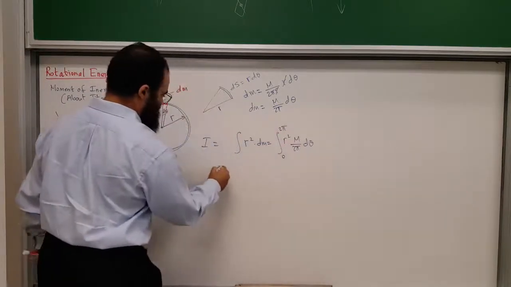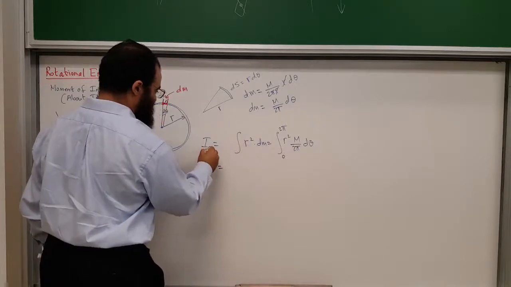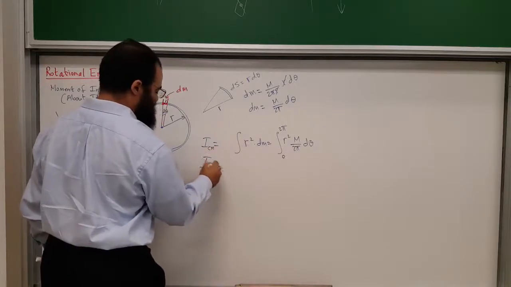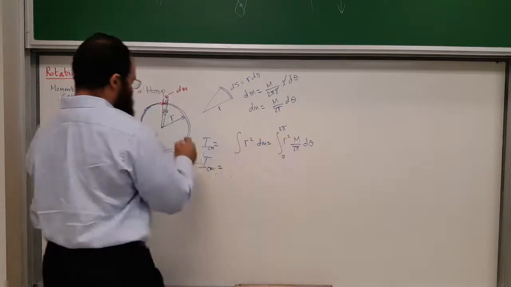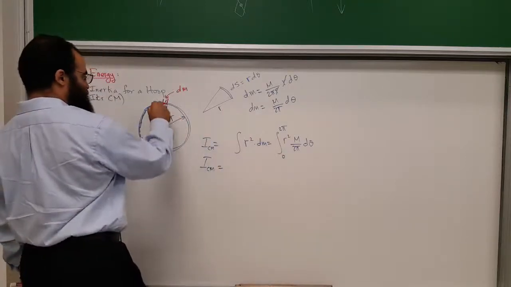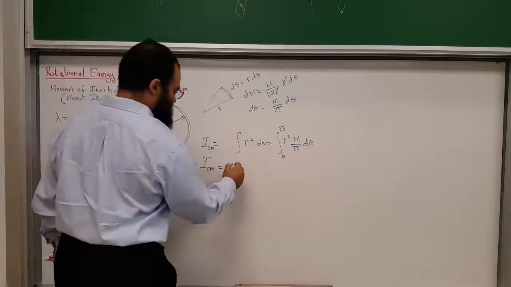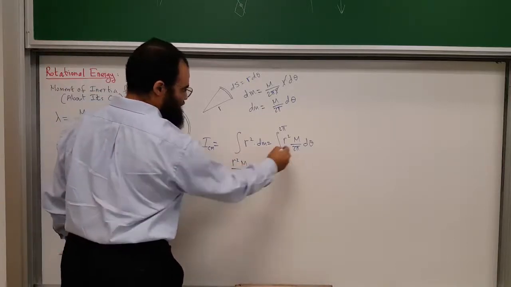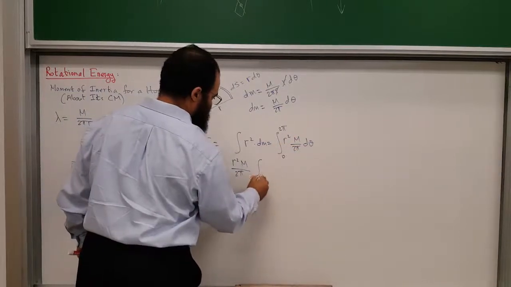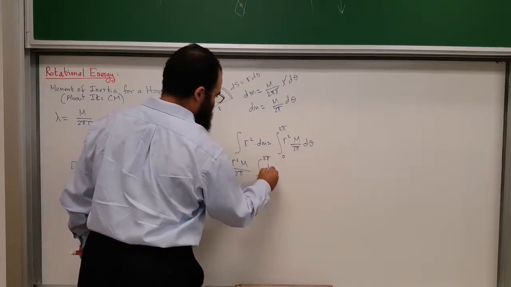So let's see. You get the moment of inertia for a hoop about its center of mass. You have to always specify that. r is constant. The distance from here to here is always the same. So it will be r squared m over 2 pi, and this whole thing is a constant. Then you integrate from 0 to 2 pi of d theta.